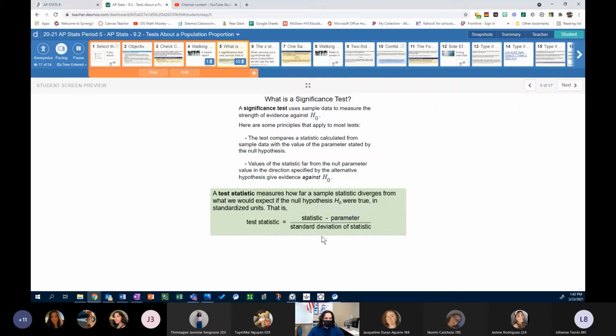And essentially, we're finding different ways to write standardized scores using different situations. In this case, we have the statistic from our sample, the parameter from our null hypothesis, and the standard deviation of the statistic. Right? Continue.